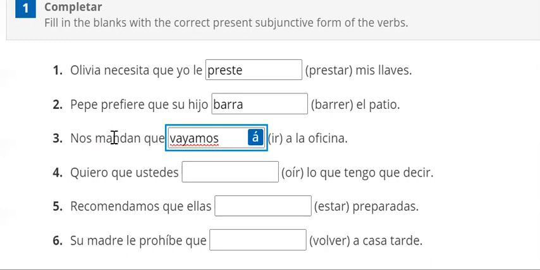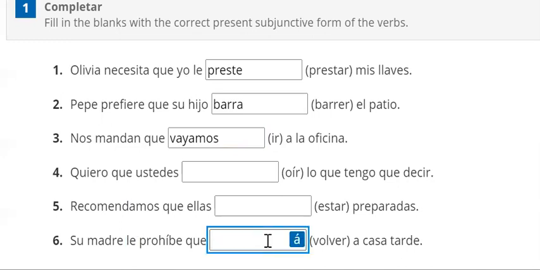Whoever is receiving the action of that verb is going to be the subject of the subordinate clause. Here it happened to be nos, so nosotros is the subject. We have le prohíbe, so we know that something third person singular is going to be the subject of our subordinate clause. So we know this is going to be vuelva. And we'll look at the context in just a minute, but that's what we got.